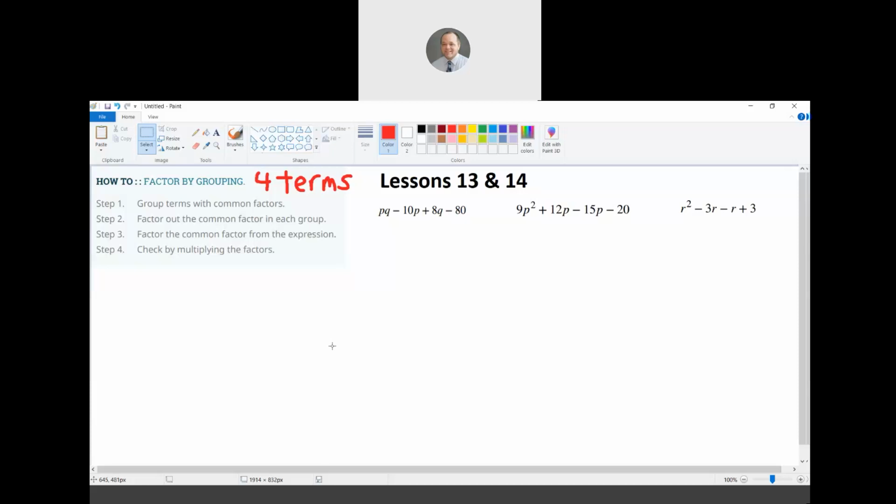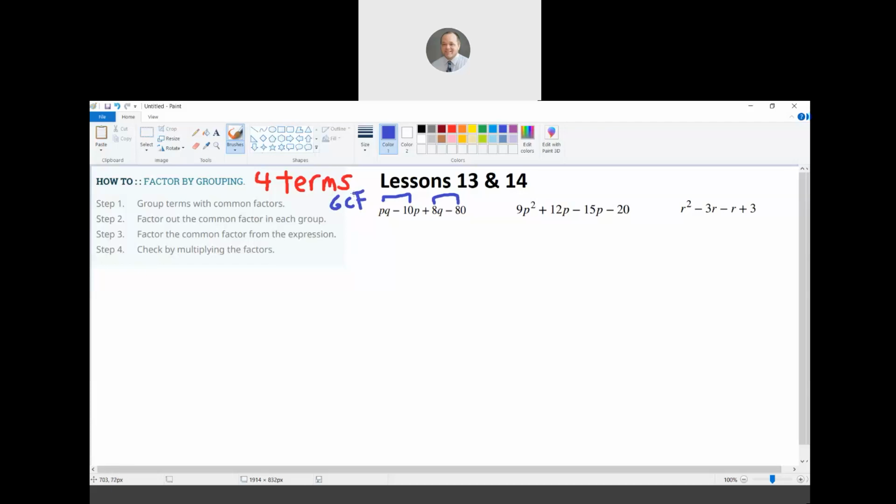So I have 3 examples I want to go over with y'all. First example to the left, we have 4 terms, so we need to factor by grouping. So let's group the first 2 terms and the last 2 terms together and take out each GCF.